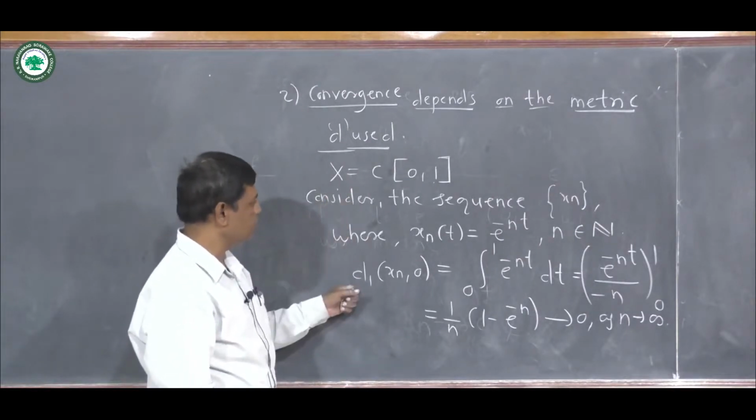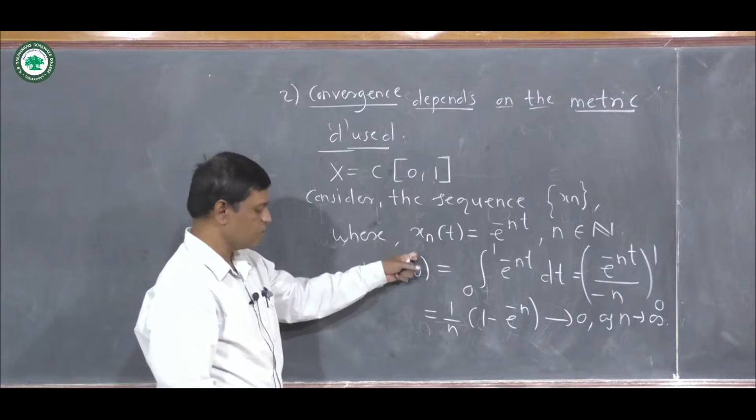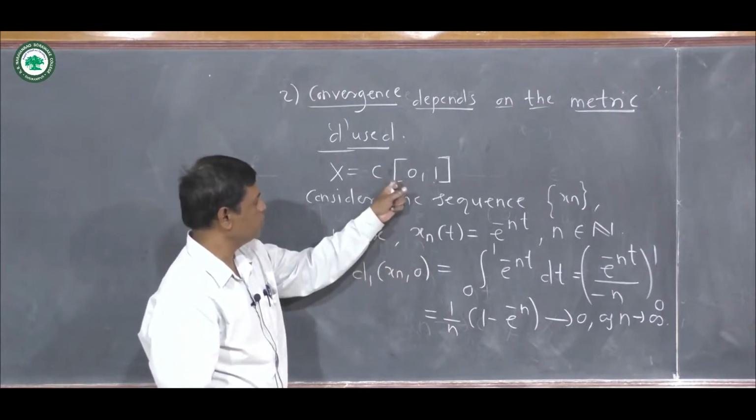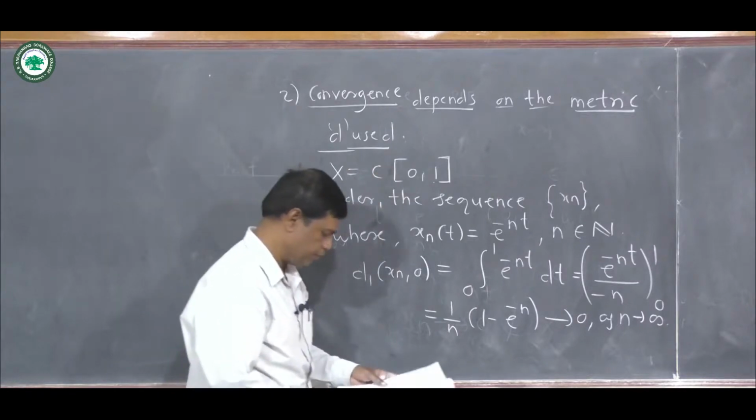So xn is convergent with respect to the metric d1 on this set.